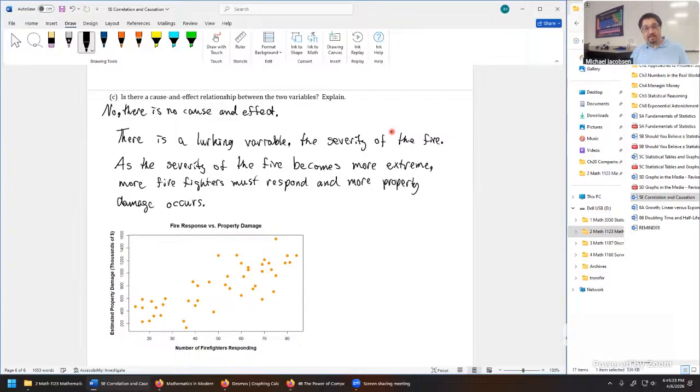It's really the severity of the fire that's actually causing the property damage in the first place, not the numbers of firefighters responding. They're here to take care of the fire itself.